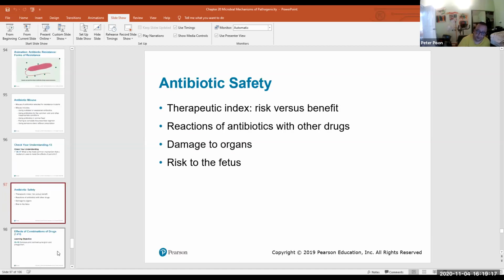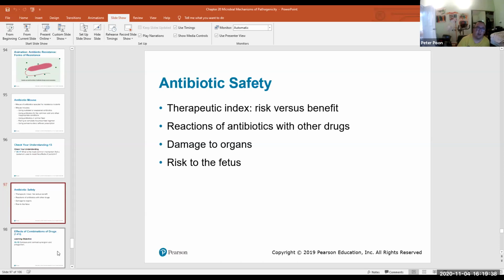So the therapeutic index is the risk versus benefit.